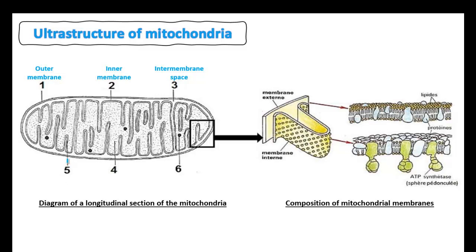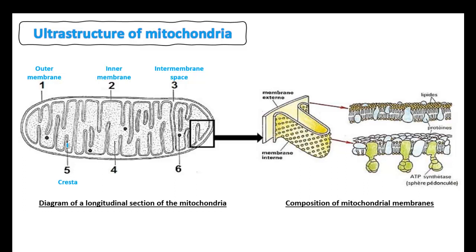For number 5 over here we have what we call the cristae. Cristae are folds that we can find in the inner membrane of the mitochondria. These folds increase the surface of the inner membrane.